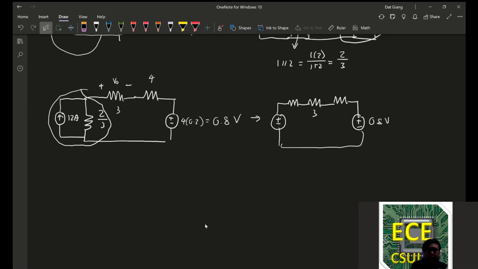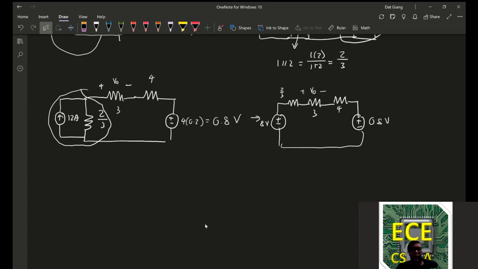We have this multiplied by this, 24 over 3, which gives us 8 volts. This one right here is 2/3. Whoops, apologies. So it's going to be 2/3 ohm. This is our output voltage that we want, and this is 4 ohms.